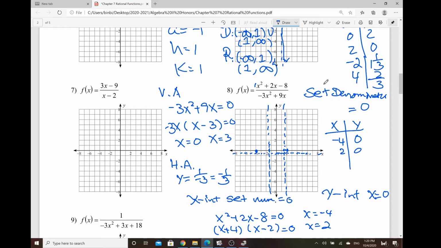So let me just erase the original VA that I put in here. Okay, so again, if you miss something here, everything else just collapses for the VA, so you've got to be very careful.